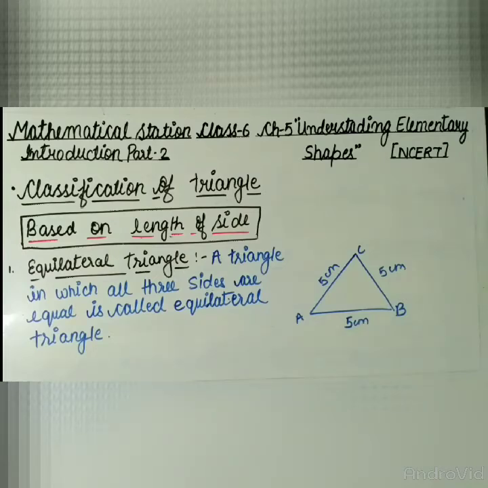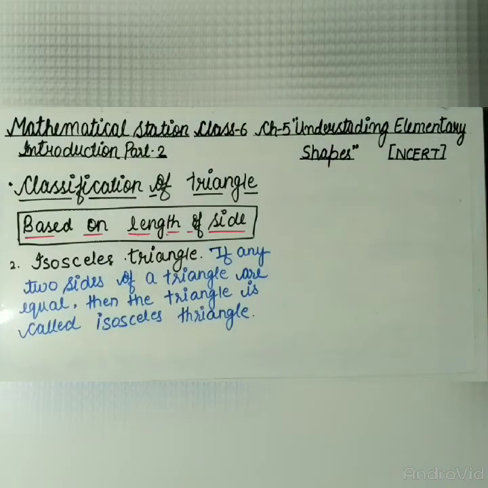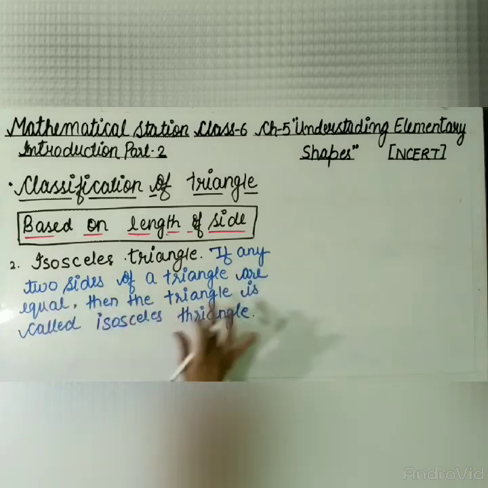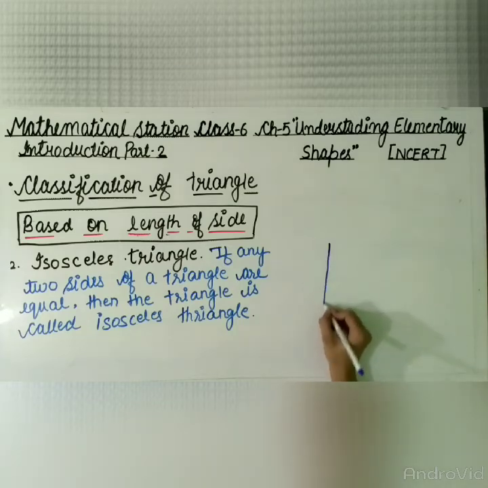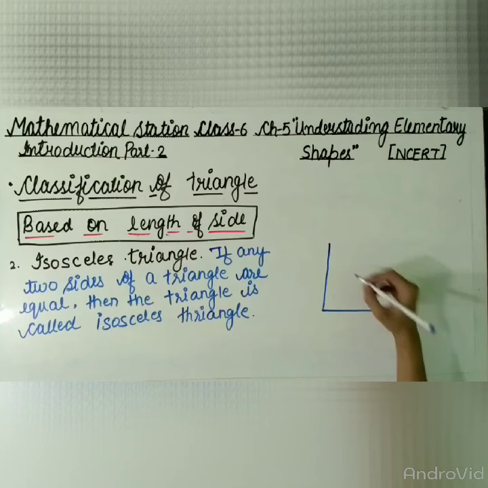Second is isosceles triangle. If any two sides of a triangle are equal, then the triangle is called isosceles triangle. It means if in any triangle any two sides are of equal length and the other side is smaller or bigger than the two equal sides, so we call that type of triangle an isosceles triangle.